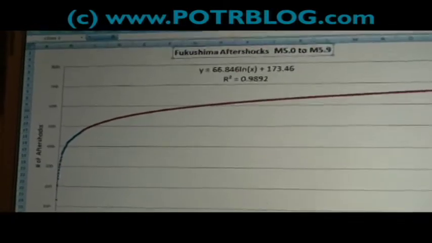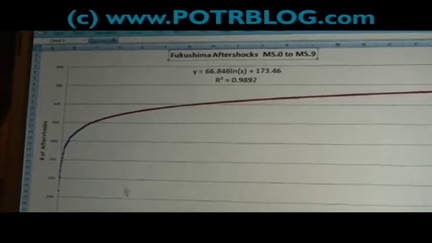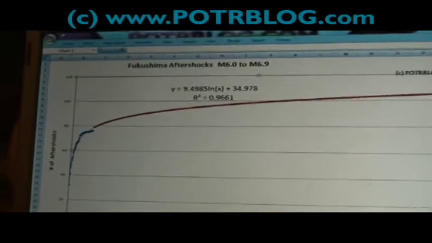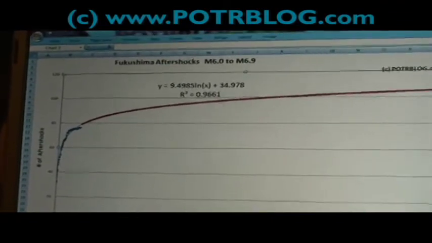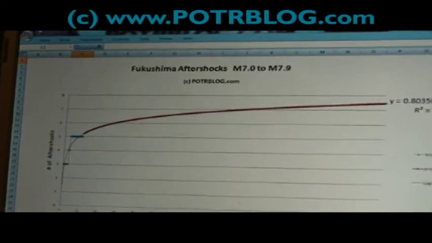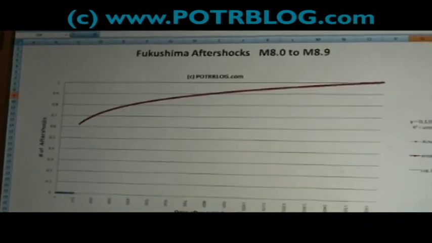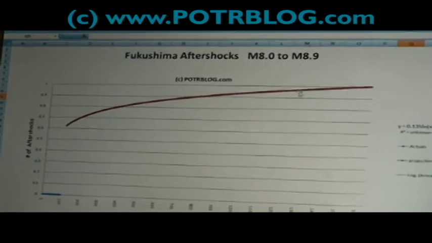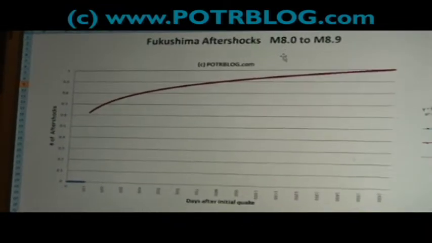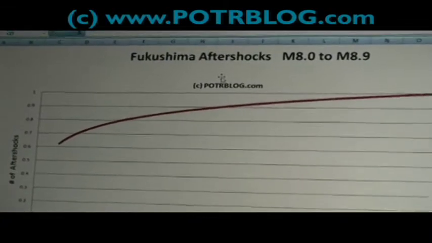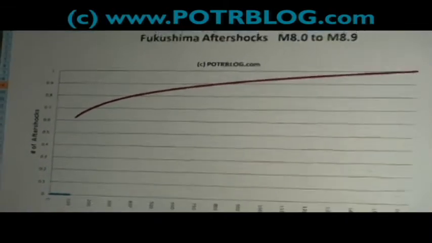I made a chart here for specifically magnitude 5, a chart for magnitude 6 to 6.9, a chart for magnitude 7, and then an extremely speculative chart for magnitude 8 aftershock. And I'll discuss that and why it's extremely speculative in a while.